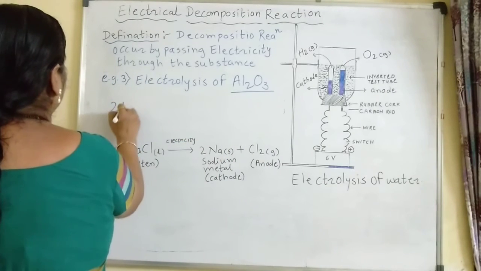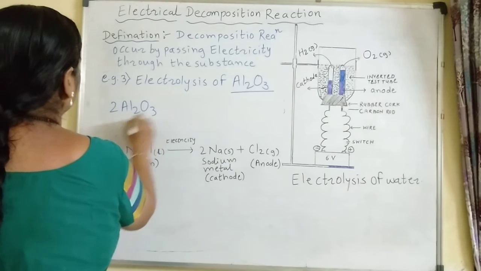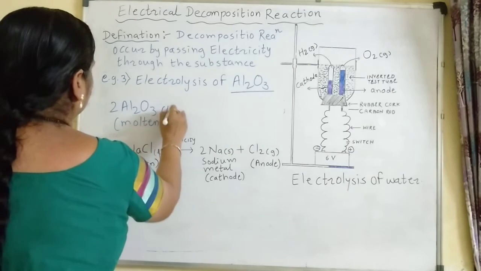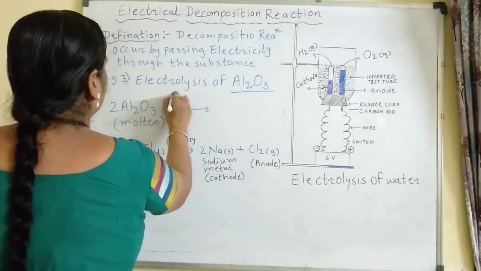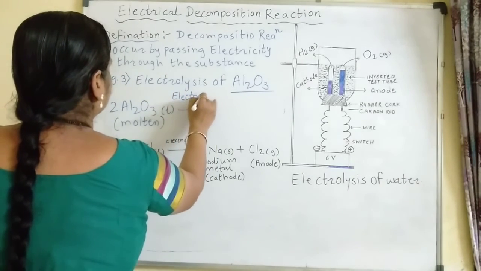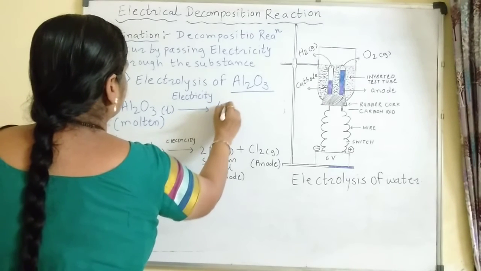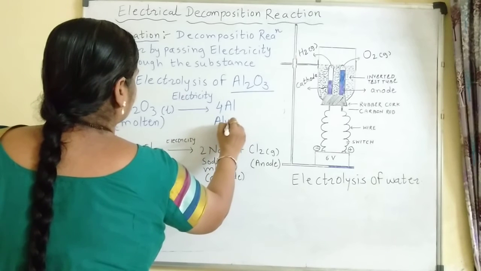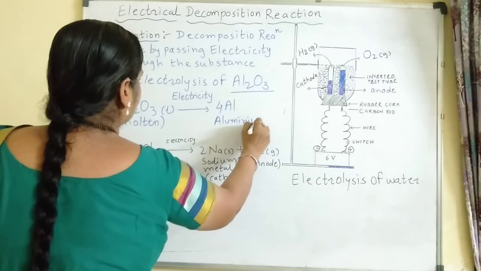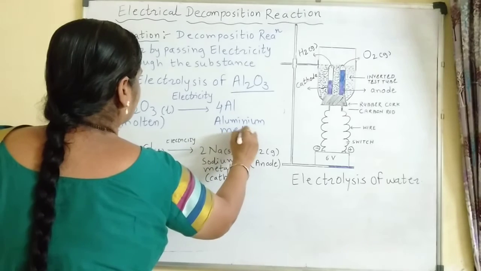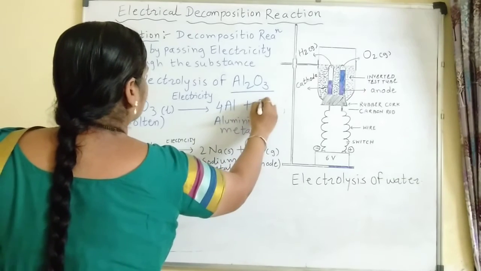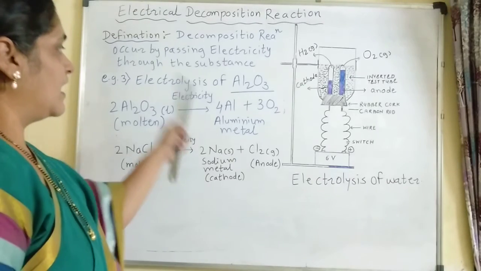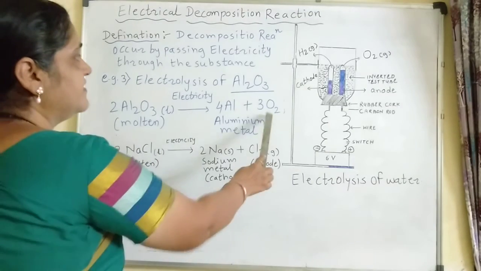So I am going to write the equation. Now you will find there are two products, aluminium metal and oxygen gas.